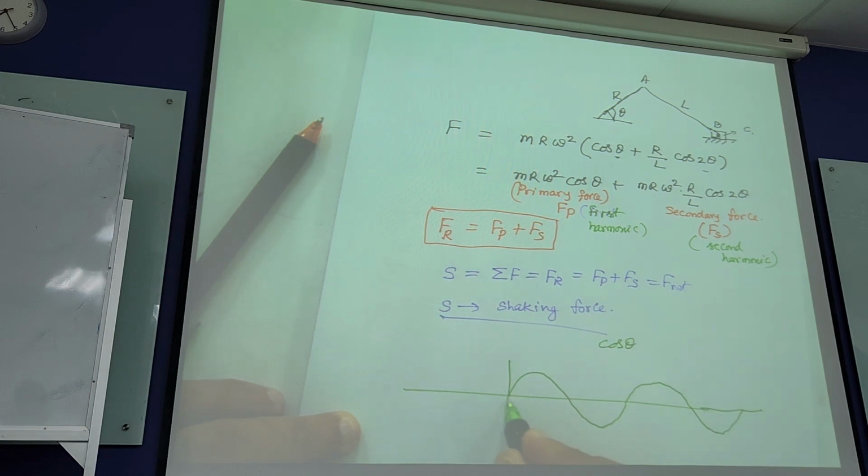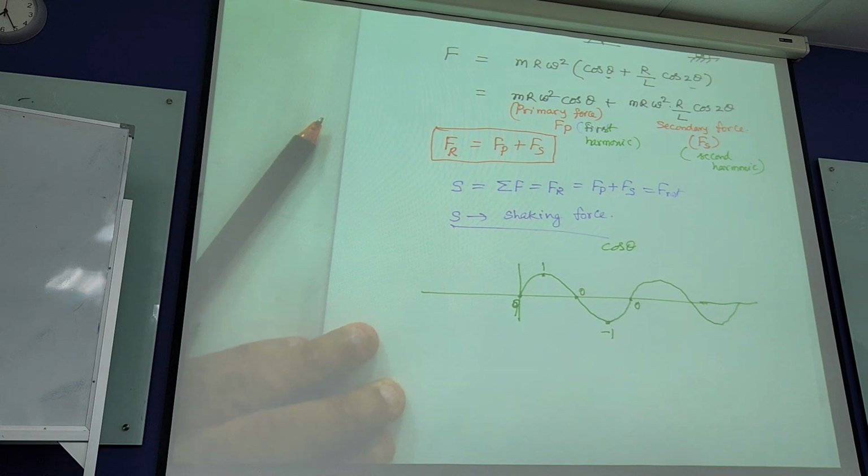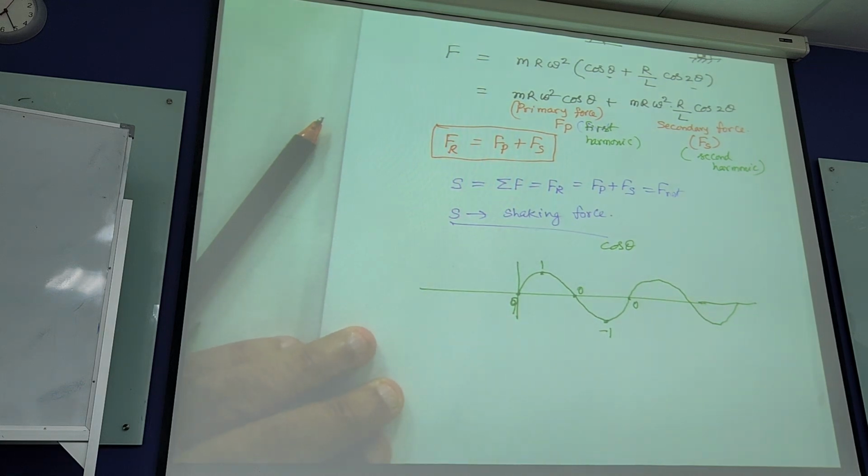So when theta is 0 degrees, the value starts 0, 1, 0, negative 1, 0. It repeats. As the angle increases, the magnitude oscillates between positive 1 and negative 1.